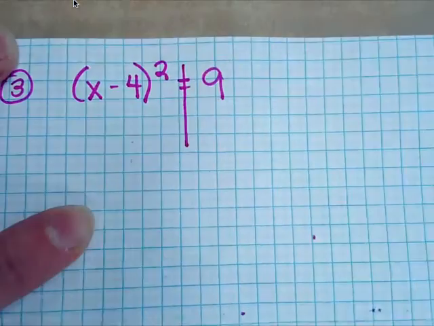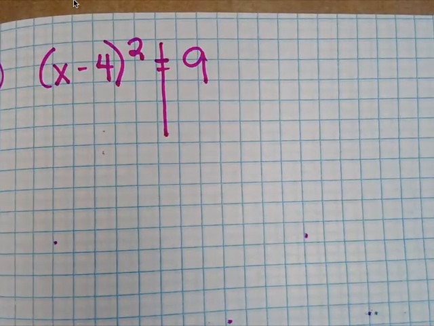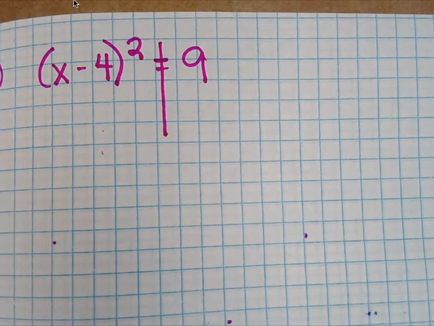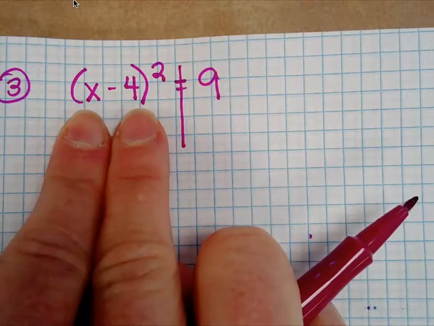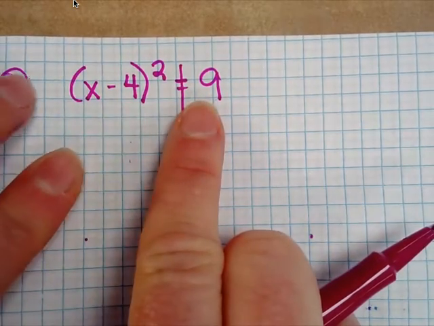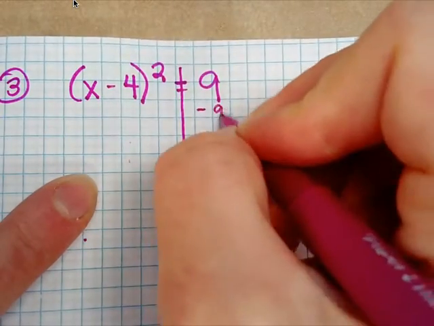Distribute. Nope, we are not going to do anything to the left side. All we're going to do is move that 9 to the other side. Because this is actually something we haven't learned just yet. We're going to learn it next week. So we are going to keep things simple and just move this 9 over.